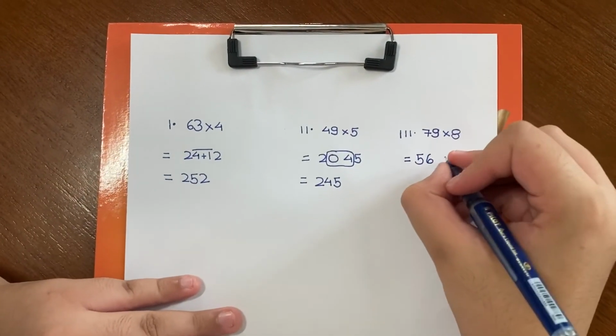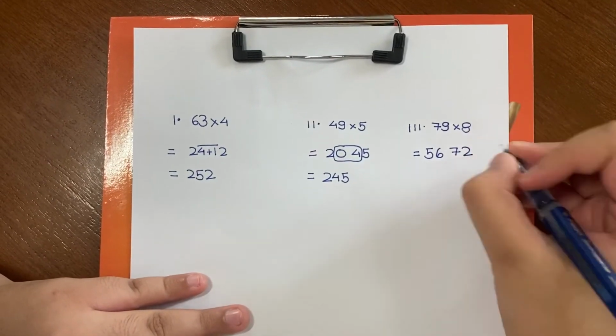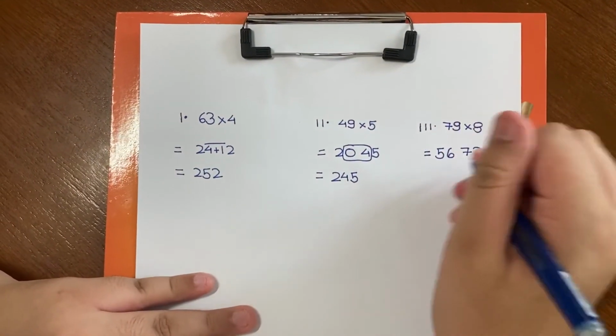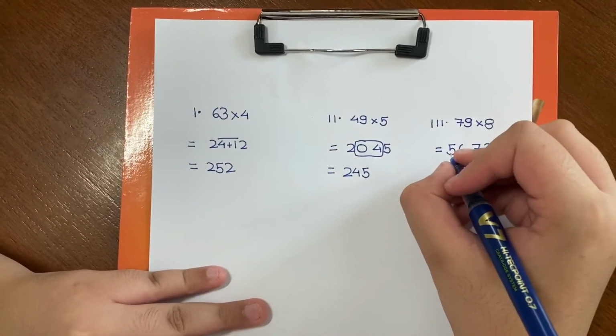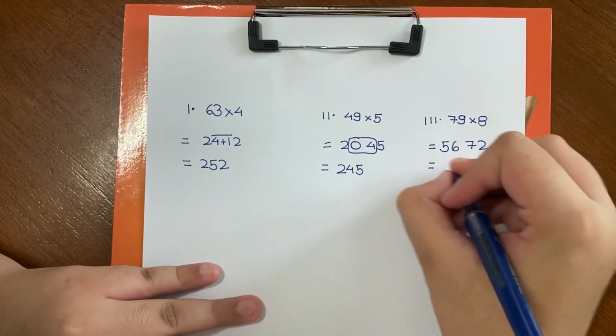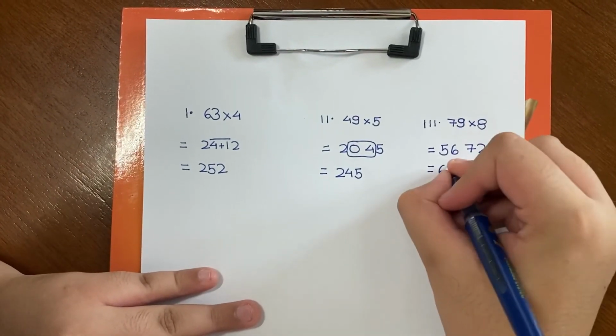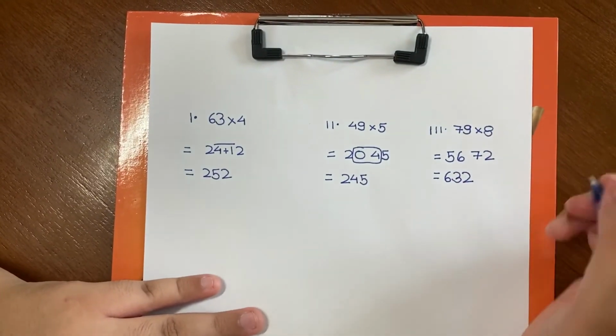And 9 8s is 72, so 7 here and 2. 5 plus 13, so that is 50 plus 13, that is equal to 63. So 632. So guys, that's enough for today.